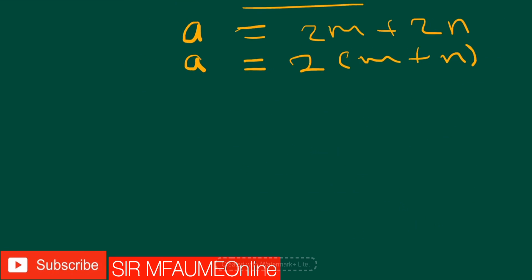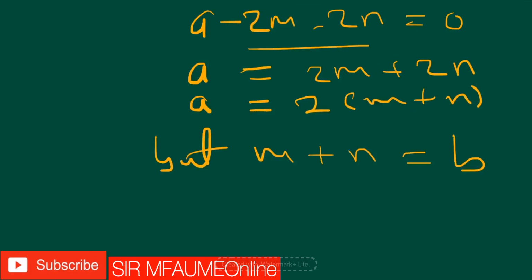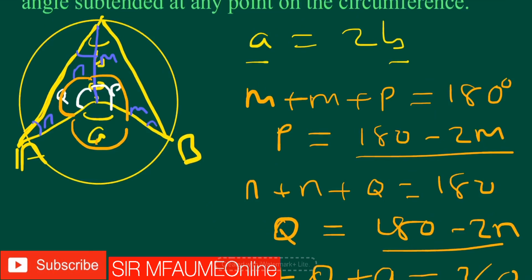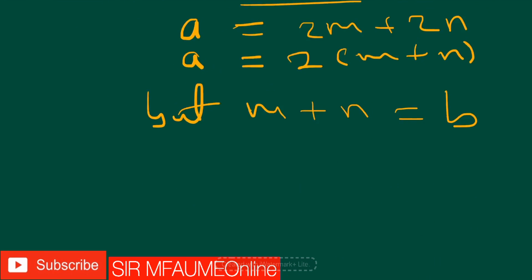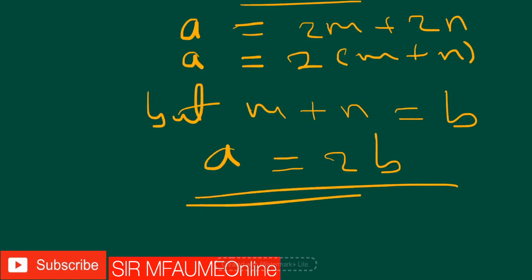Okay, but this M plus N is equal to B. Refer from this one: this one is M, this one is N. But do not forget, this angle was B. That's why M plus N equals this angle, which is B. That means our A will be equal to 2 times B. Hence proved.